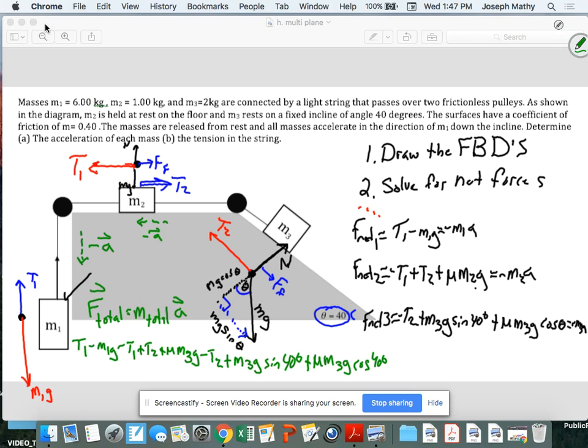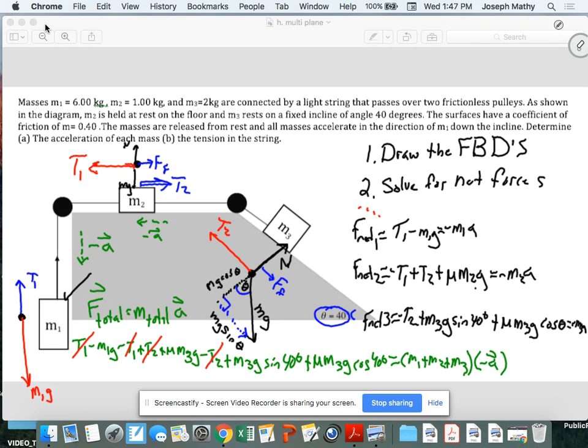Whoa! That's the net force equals M1 plus M2 plus M3, and then they're all going in that negative A direction. Look at the algebra and realize that we can cross out these T's to make our equation a little bit kinder.